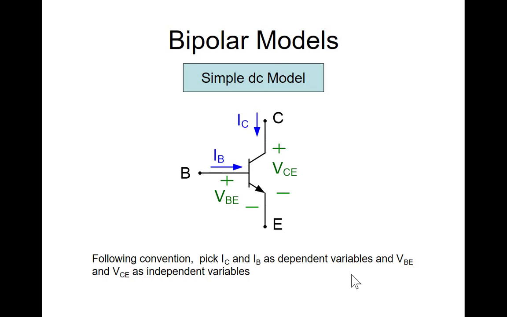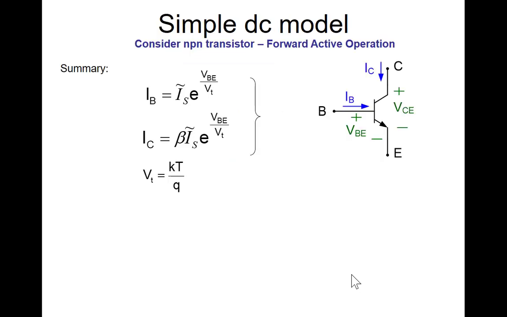Right? So here's a summary of the model we have. The base current, the collector current, and of course that VT we had from the diode equation was K times T, which is temperature in Kelvin, divided by the charge of an electron.